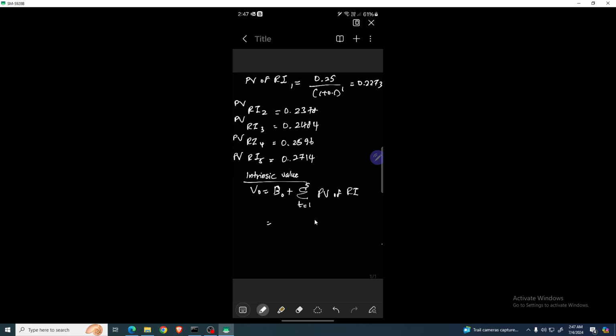So we know B naught to be 5, and the sum of present value, so sum of all of these, that would be 1.2445. So when we add 5 to this, that's going to be 6.2445.